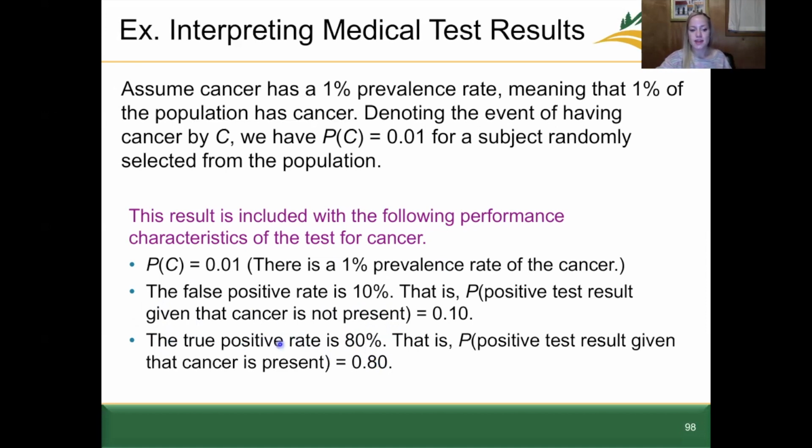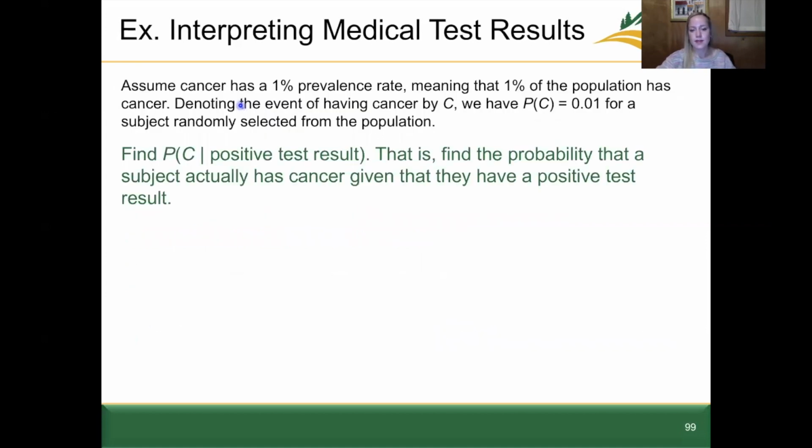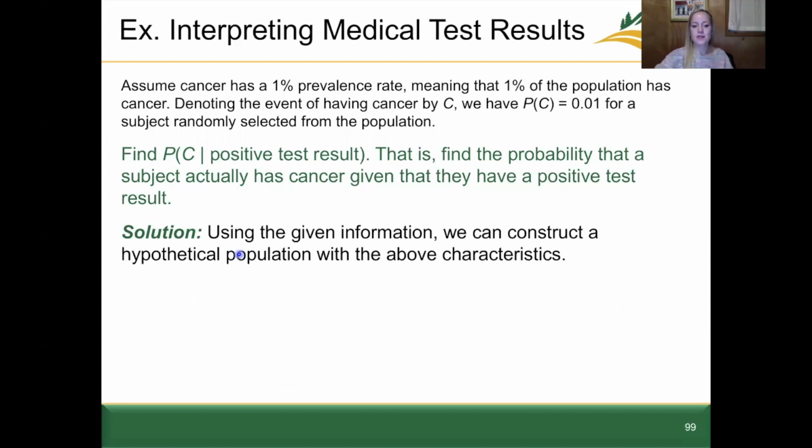Using the meaning of a true positive rate, that's saying the probability of an individual getting a positive test result given that the individual does have cancer. Putting this information together, we're going to answer this: the probability that the patient has cancer contingent on them getting a positive test result.